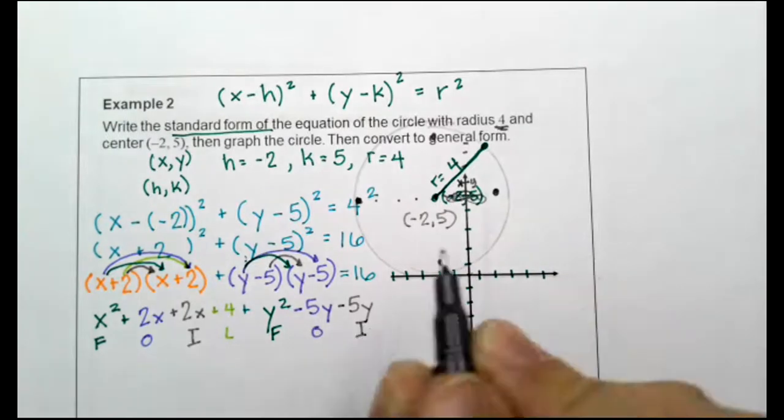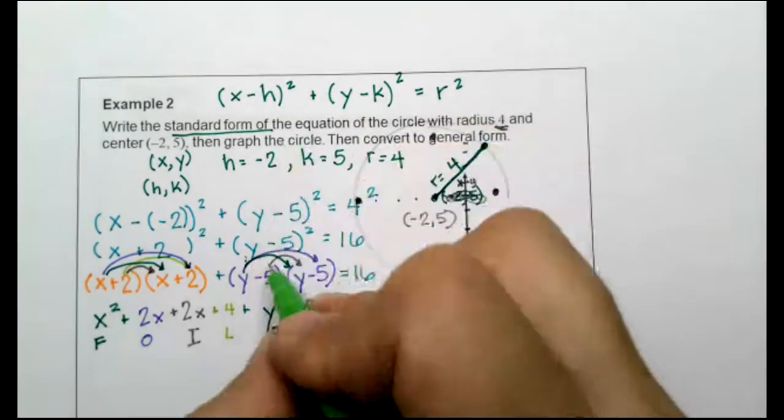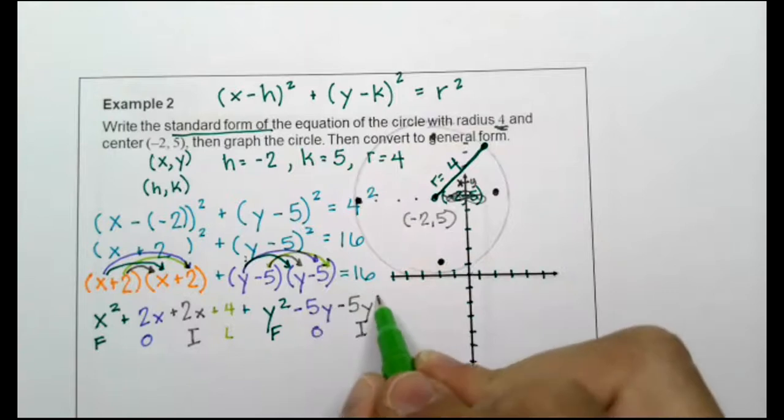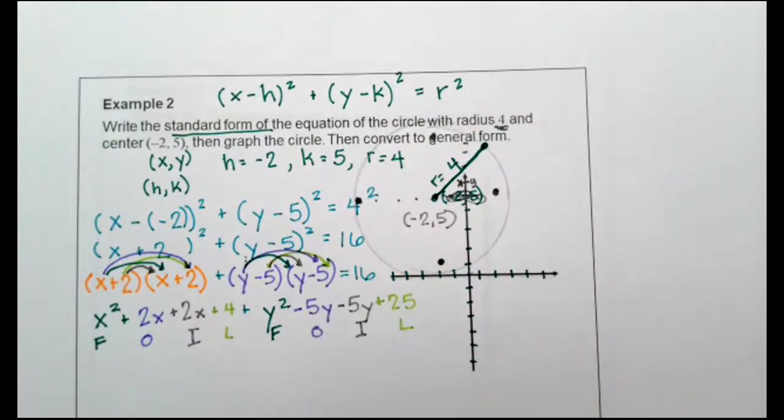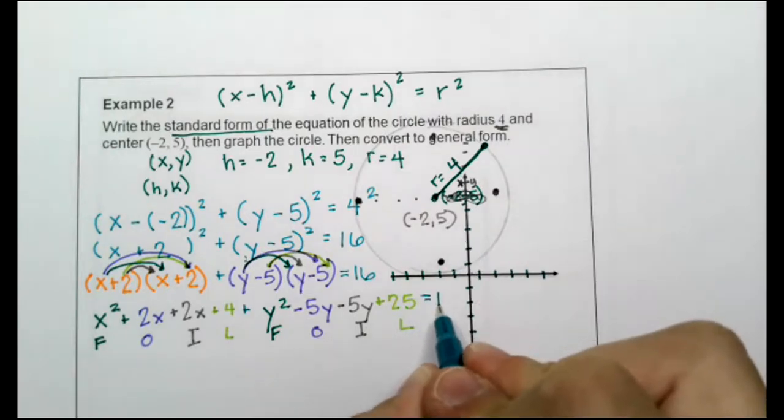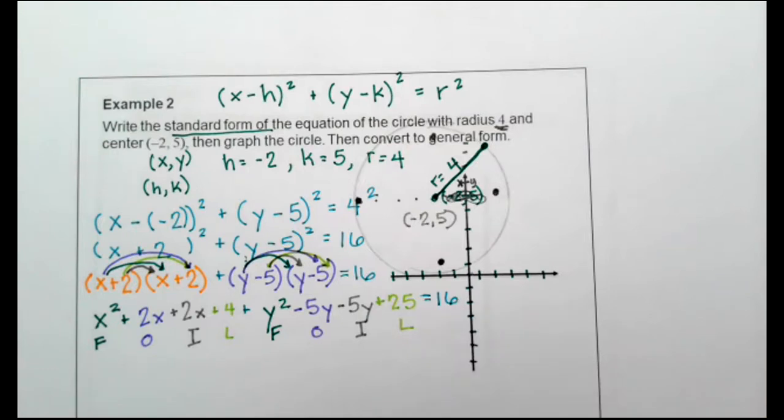It's my I. And then the last one, negative 5 times a negative 5 becomes a positive 25. And that's my L. Okay, so I just FOILed those two out. Equals 16.